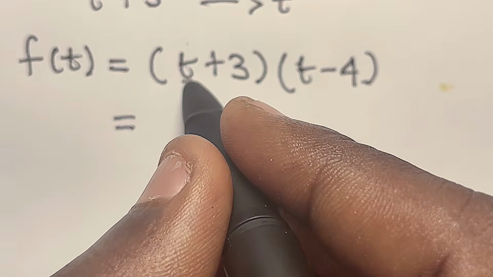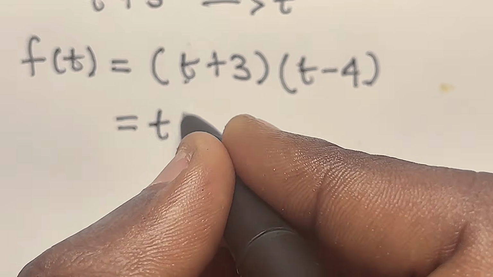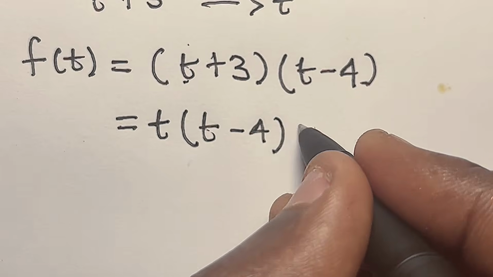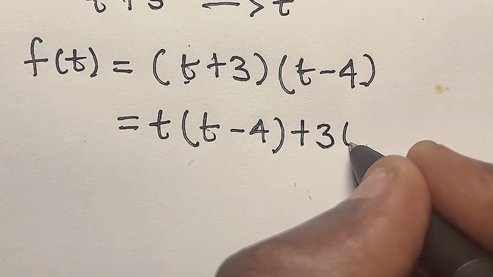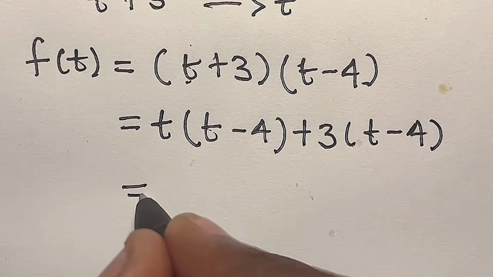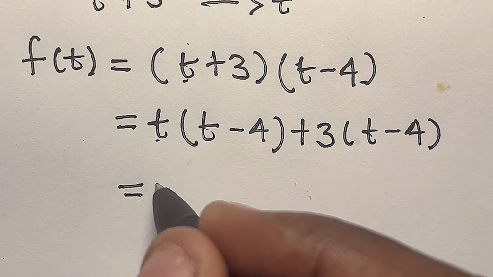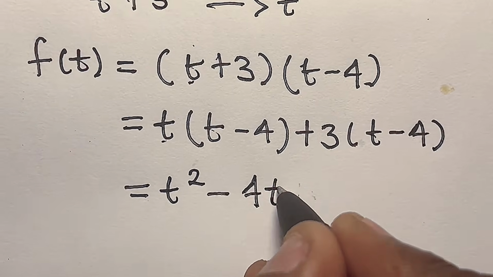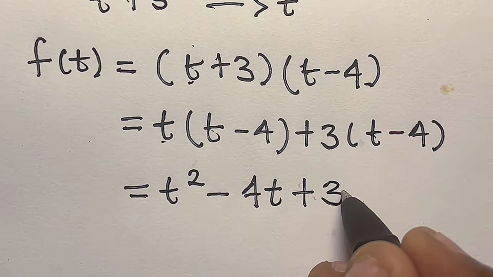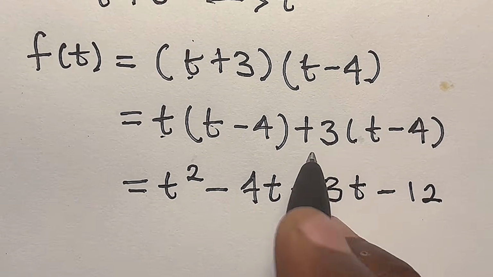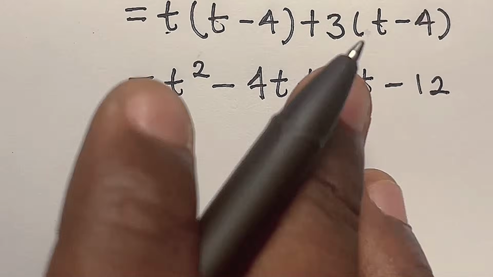So we use this to multiply all this. We have t multiplied by t minus 4, then we have plus 3 multiplied by t minus 4, right? So this equals t times t, we have t squared, minus 4t plus 3t minus 12, right? So just expanding the bracket.